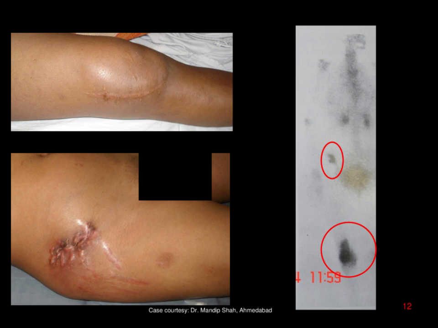Now in this case, the surgeon had taken bone graft from the iliac crest of the same patient, perhaps using the same instruments with which he did the curettage of the lower end of the femur. Now this patient has a large local recurrence at the primary site, that is in the lower end of the femur.